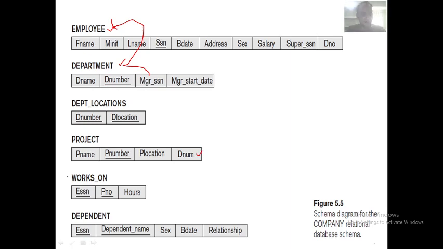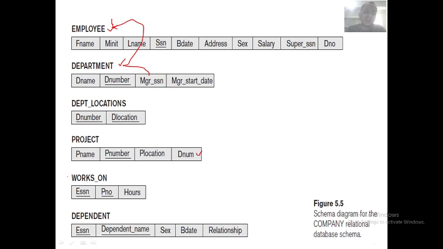Snehal. Yes, sir. Next. Works on is an entity, sir. Good. Employee SSN and project number are foreign keys, and both together are the primary key.